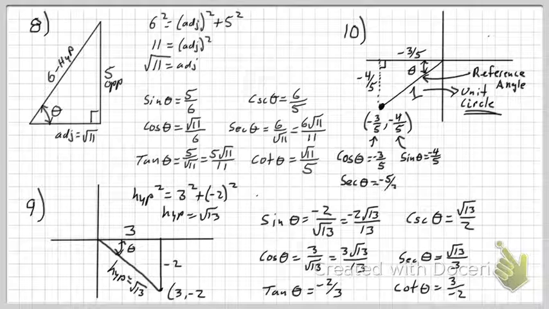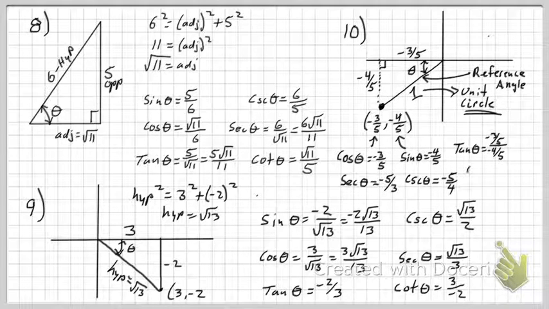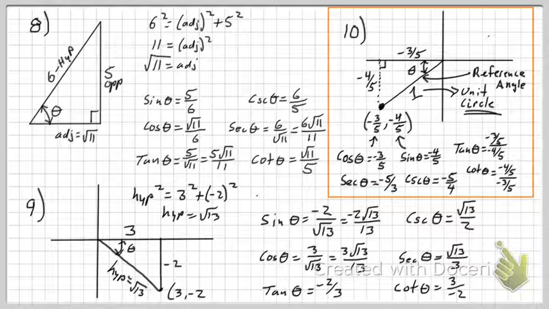I can flip these to get my secant and cosecant. I can divide the y-coordinate by the x-coordinate to get my tangent, and then do just the opposite, x-coordinate divided by y-coordinate, to get the cotangent. And I didn't simplify those fractions, but you can do that. So 3 different problems, variations on the exact same thing.